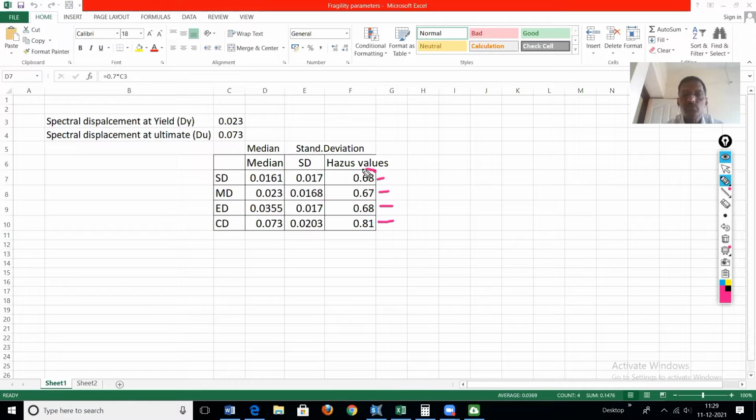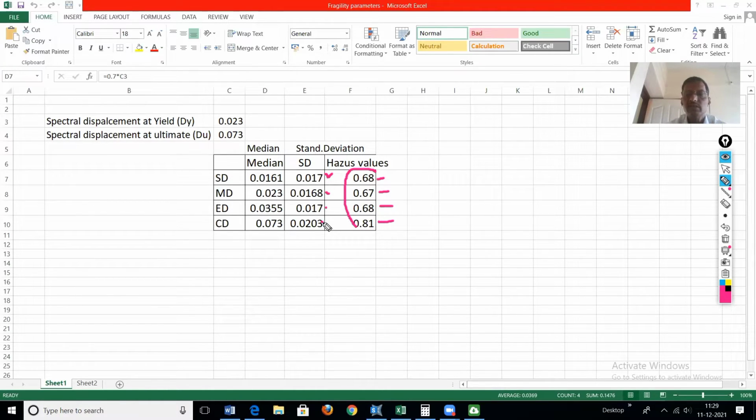These are the values from the Hazus table 5.9a for a medium height RCC building. Now these standard deviation values are given in inches. They are converted into meters, and these are the conversions. So this is the first beta value, second value, third value, and fourth value.